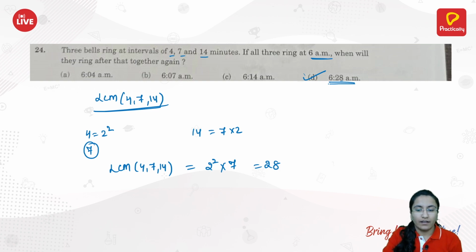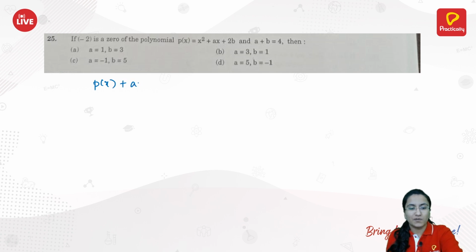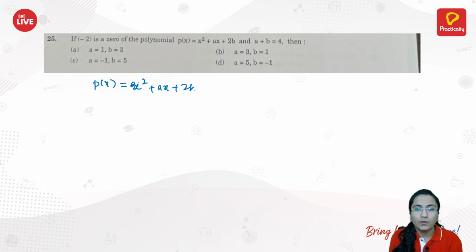Next question here is, if -2 is a zero of the polynomial and a plus b is equal to 4, then we need to find a and b. So here we have p(x) equal to x square plus ax plus 2b, right?